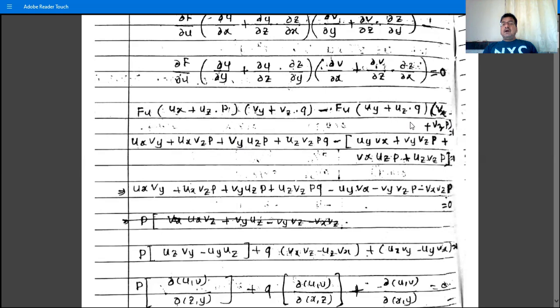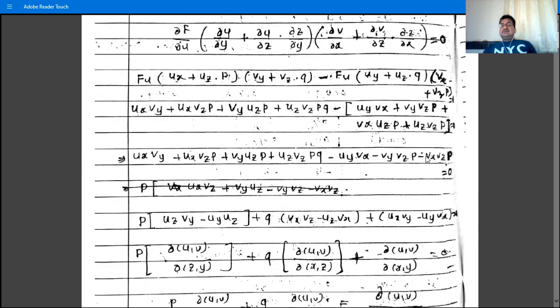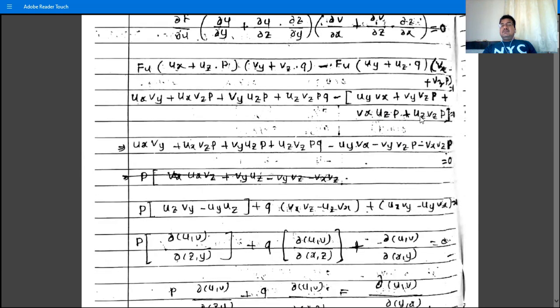We have u_y v_x, then u_y v_z p, then u_z v_x q. Right here it is not p, it is q. Then the last term v_z u_z pq, so we have u_z v_z pq is equal to 0.